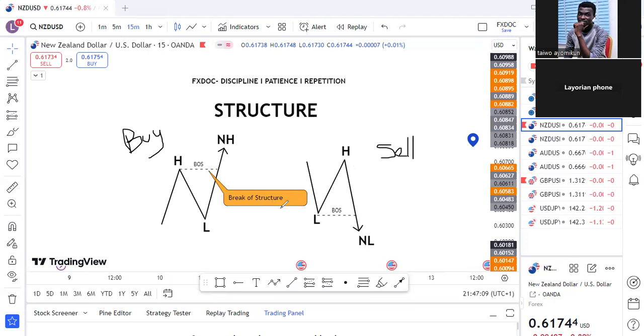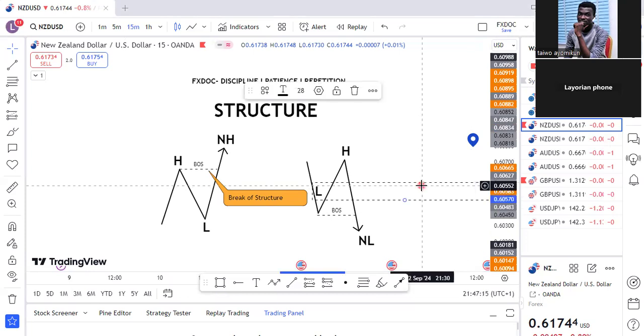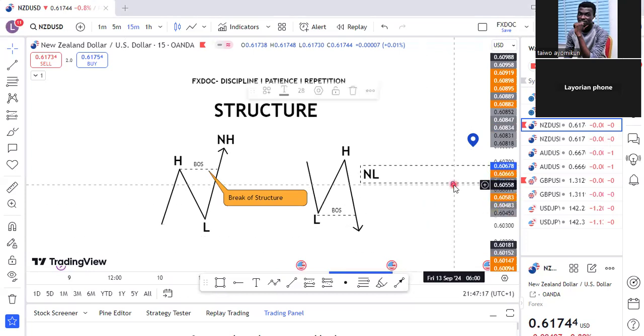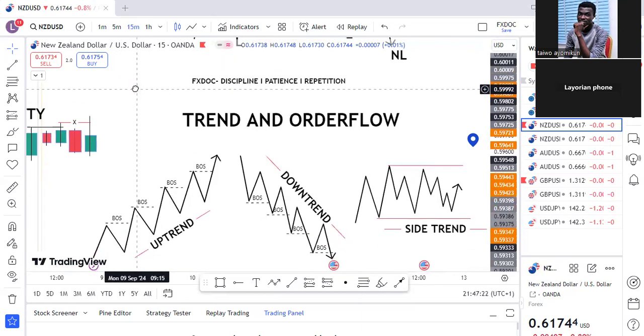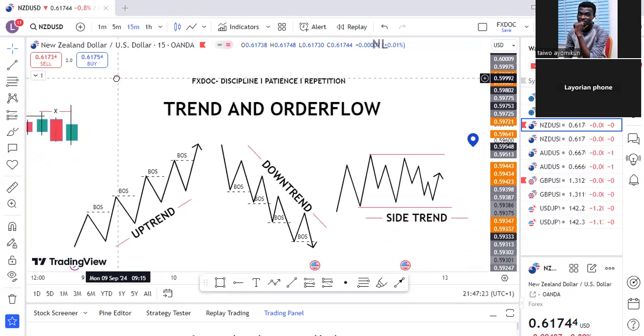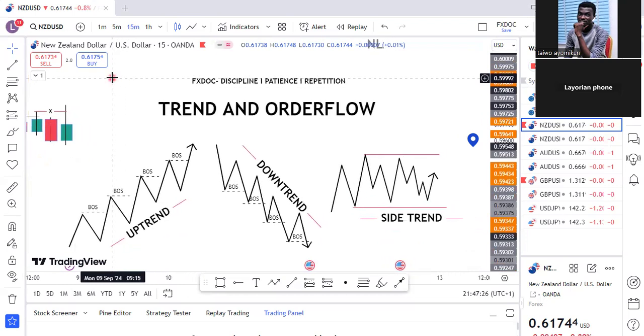Now let's proceed to the next one here. So now we have trend and order flow. Now in a case like this, when price continues to make higher highs, it has a high, another high, created another high.